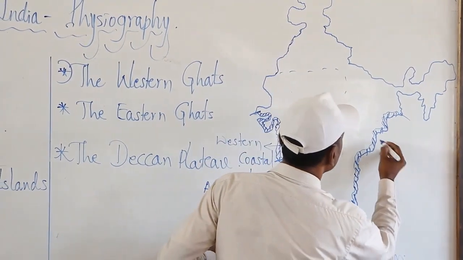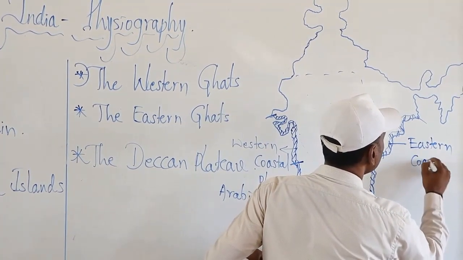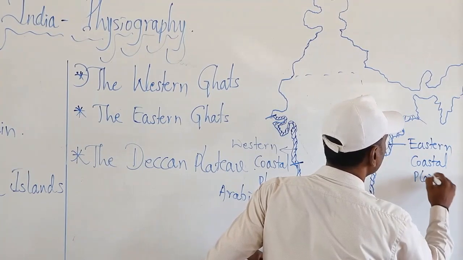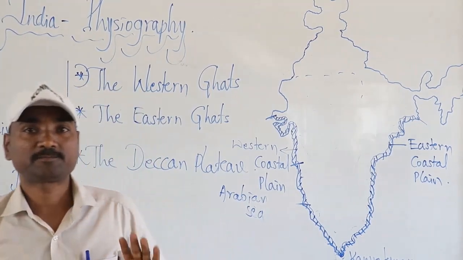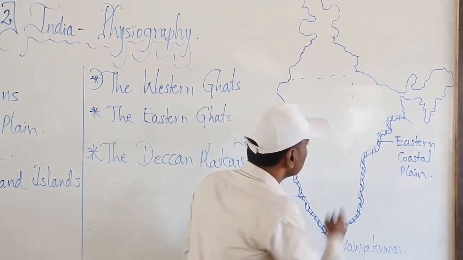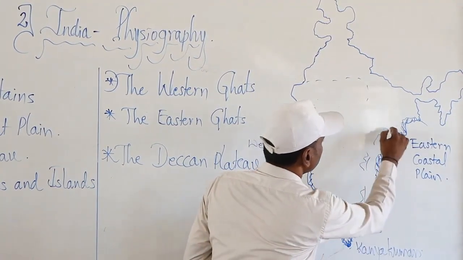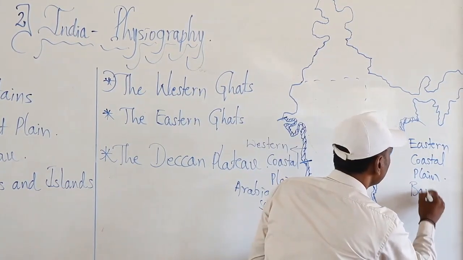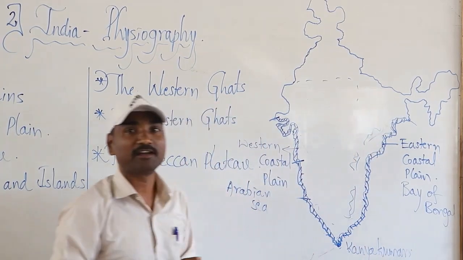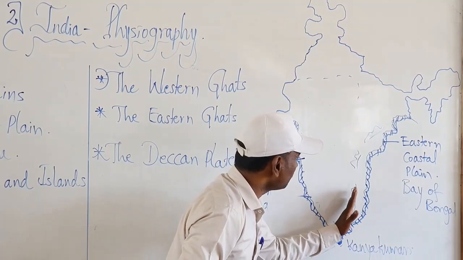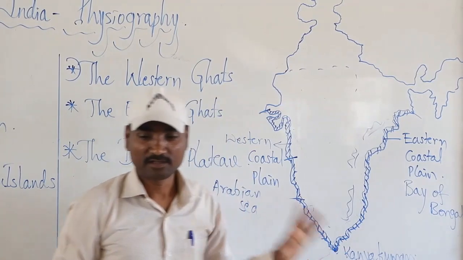It lies between the Eastern Ghats and the Bay of Bengal. In between the Eastern Ghats and the Bay of Bengal, this eastern coastal area is located.